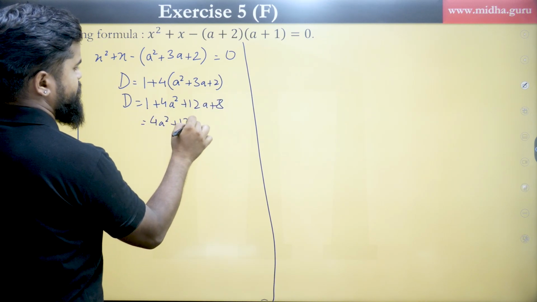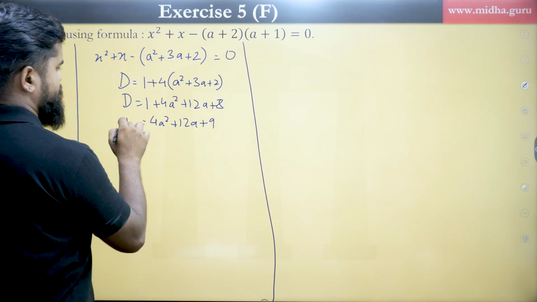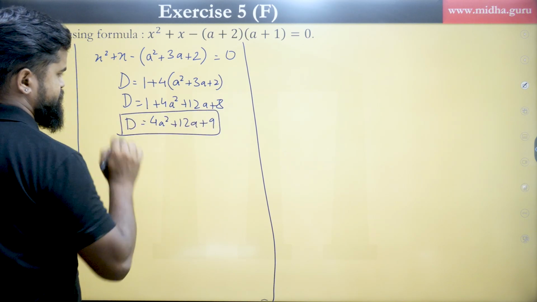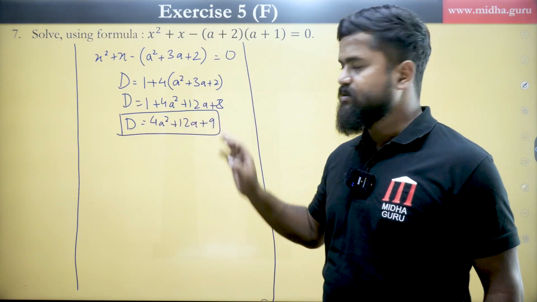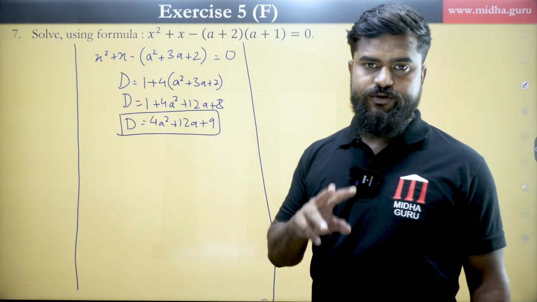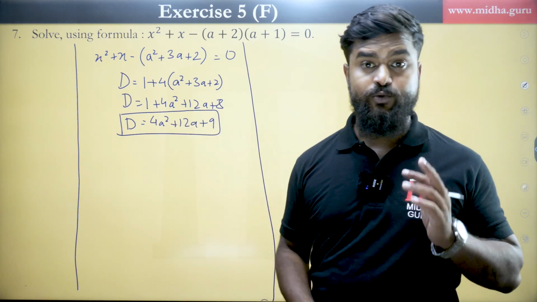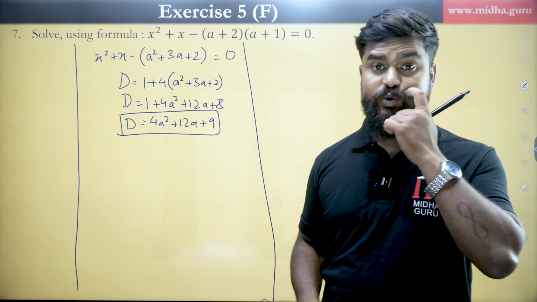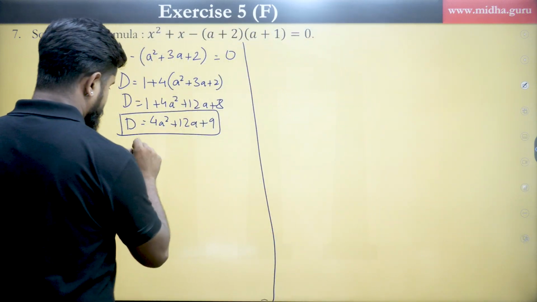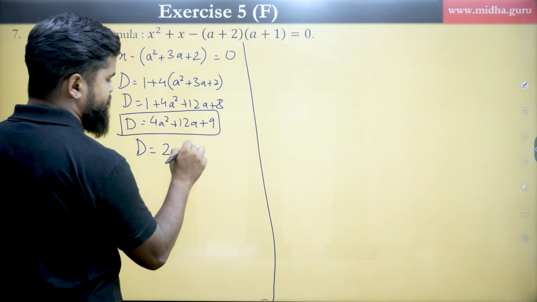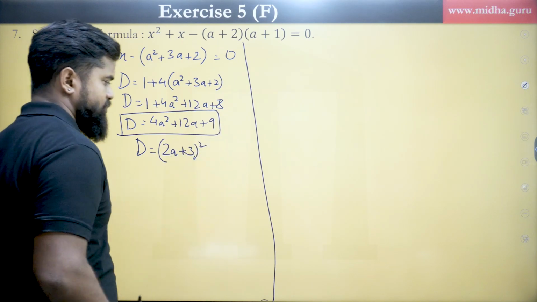So it will be 4a square plus 12a plus 9. Now, if you look at this, it's 4a square plus 12a plus 9. 9 is the square of 3. 4a square is the square of 2a. And if we multiply 2a into 3 by 2, we get 12a. So this d is nothing but 2a plus 3 whole square.